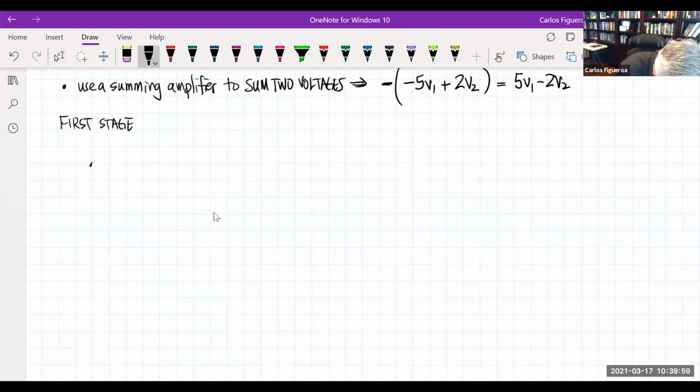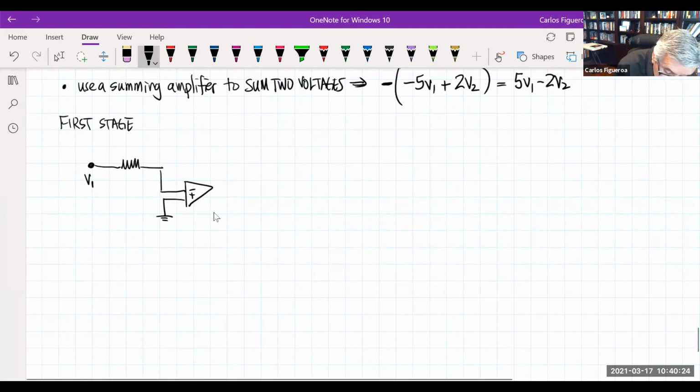The first stage looks like this. I'm going to start off with some voltage value, which I'm going to call V1. Now I'm going to stick that into an amplifier. So that means I have a resistor. I have one that goes here. And note what's special about an inverting amplifier: the non-inverting input is connected to the ground.